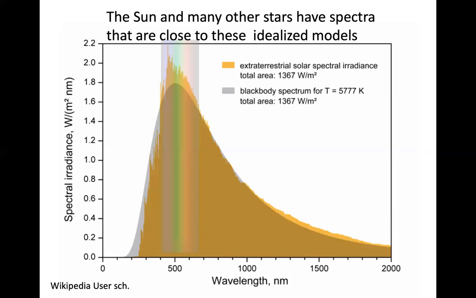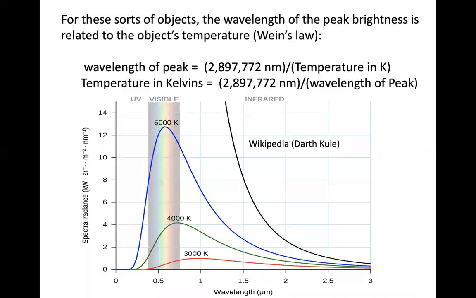And an important aspect of this model is that the temperature of the object determines the shape of its spectrum. Specifically, the location of this peak, which is basically where the object produces the most light, depends on the temperature.